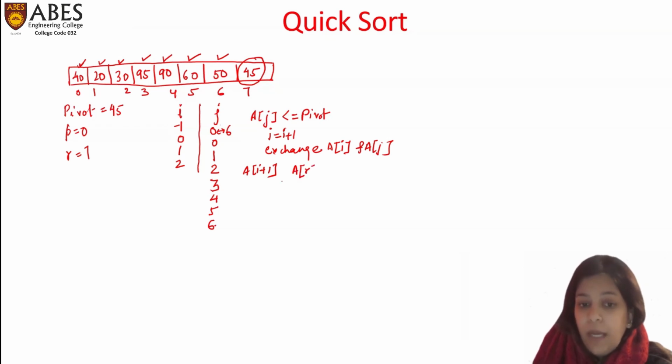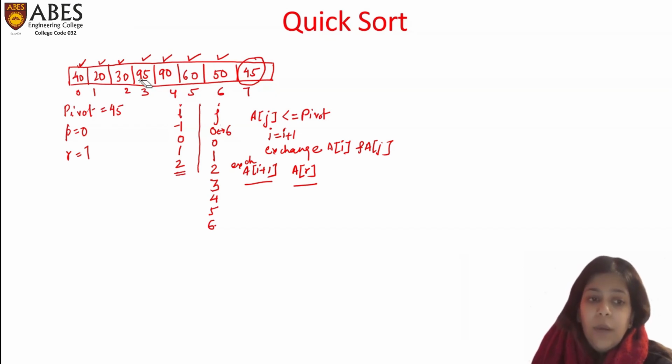Upper bound was stored in R. So we are going to exchange the values of ai plus 1 and ar. So as you can see that the value of i is 2. Then we are going to swap 95, that is ai plus 1 with ar, which was the pivot element, right?